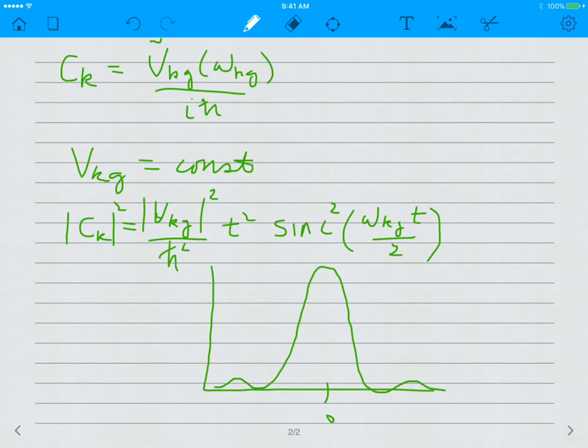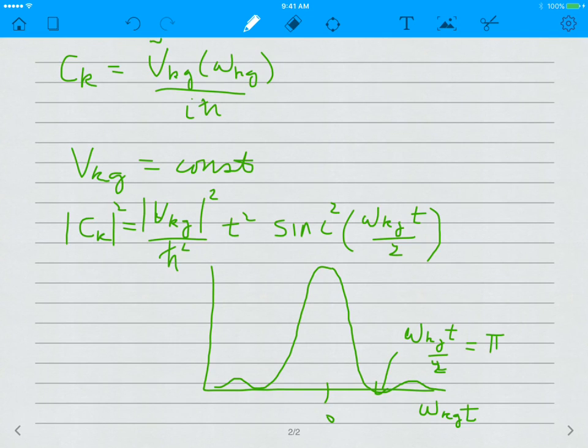And the first 0 out here is when omega kg t over 2 is about pi. And so that's about the width. If we think of this, the x-axis here is omega kg times t.